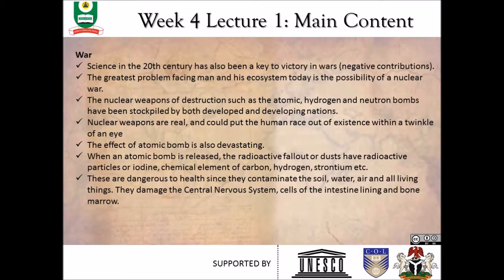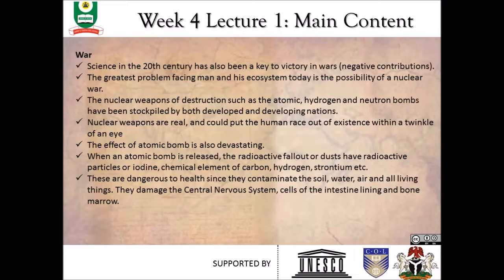Let us retake our discussion on the contribution of science and technology to war, even though their contribution is negative. That is why many nations have entered into the race of who will be the first with radar, atomic bomb, or nuclear submarine. The greatest problem facing man and his ecosystem today is the possibility of a nuclear war.